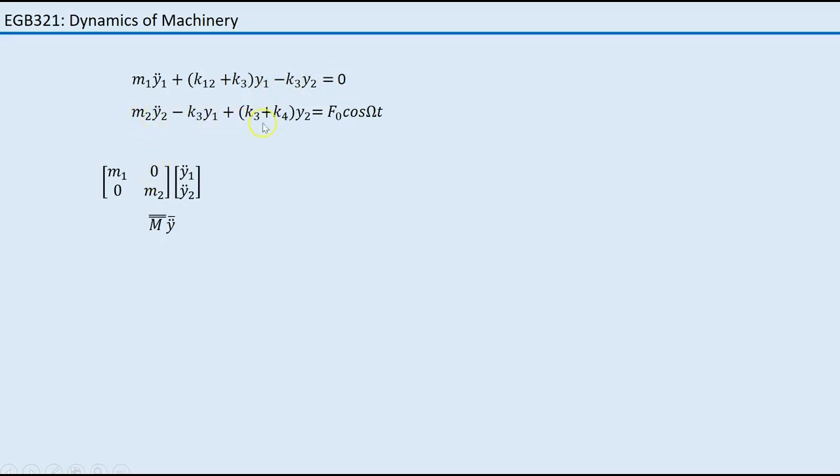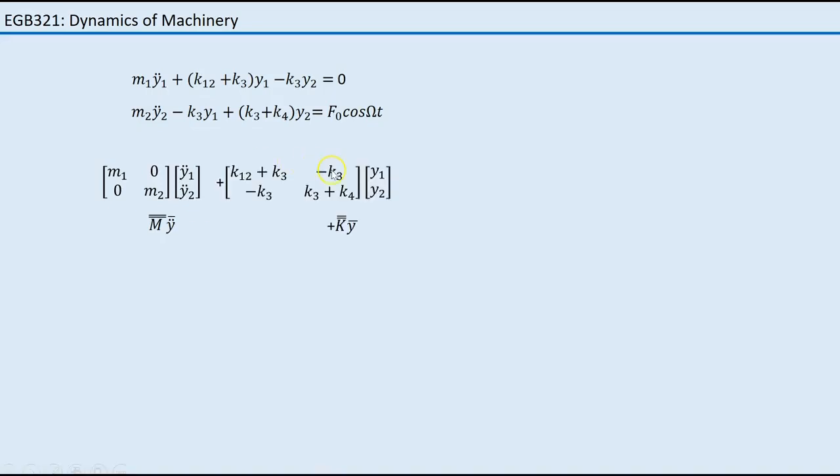Considering the second equation, we don't have any y1 double dot, so the coefficient becomes 0. We have y2 double dot, so we write the coefficient of y2 double dot as m2, and that's how we get the mass matrix times y double dot.